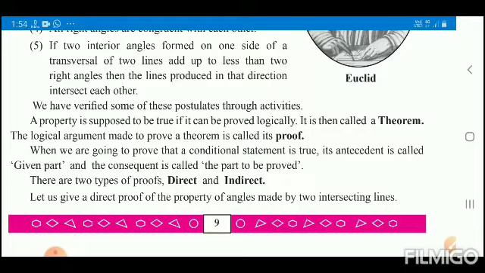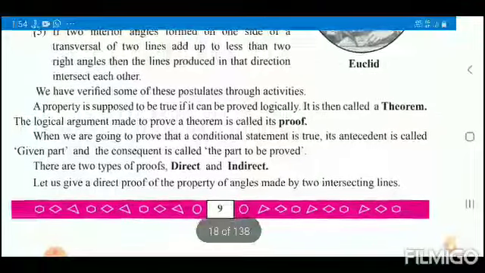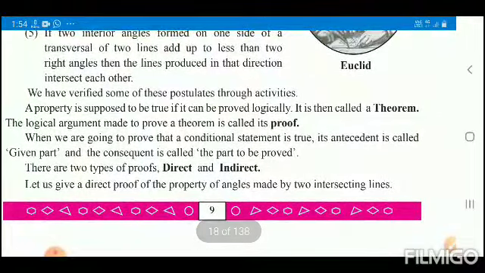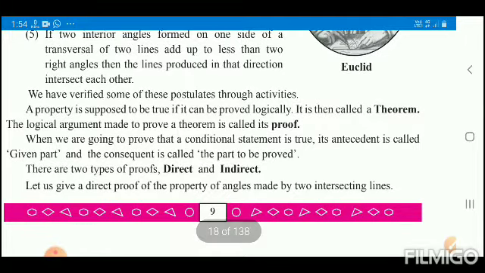Supplementary angles means their measure is 180 degrees. So 90 plus 90 is equal to 180 degrees. Here it is given as less than two right angles, because if we add two right angles, the measure is 180 degrees.